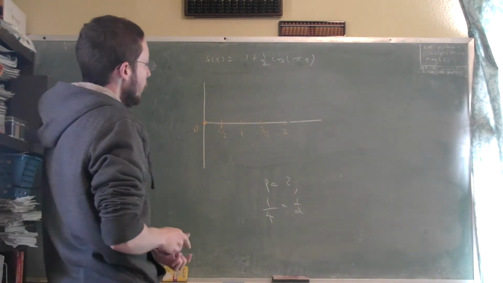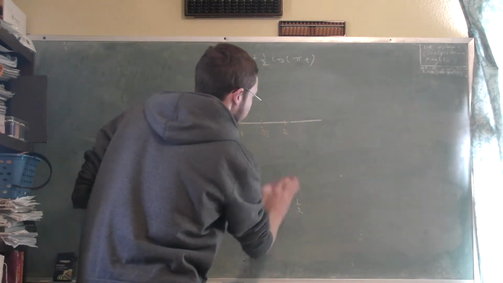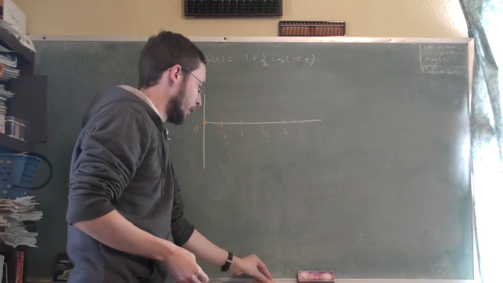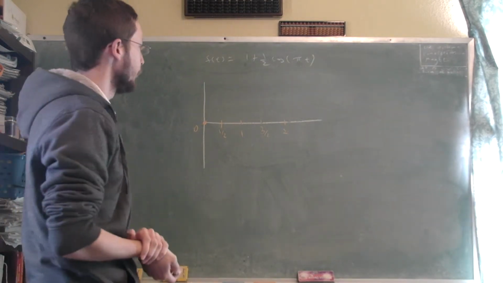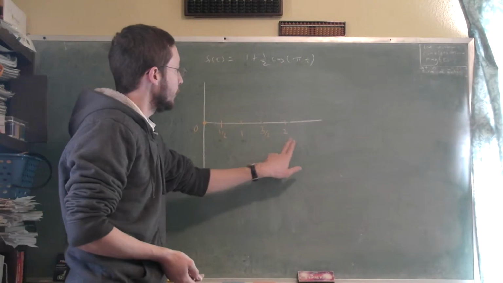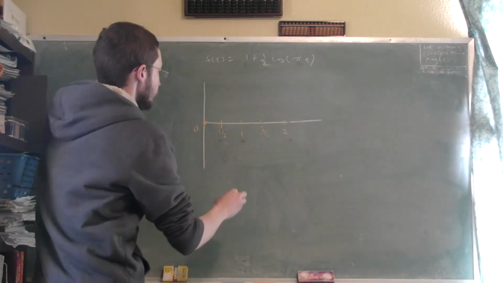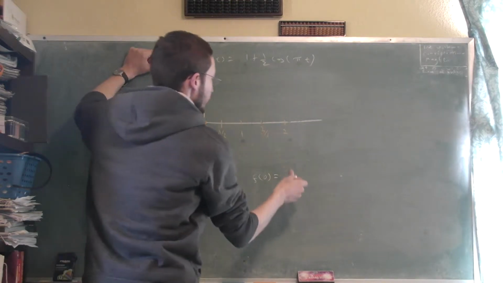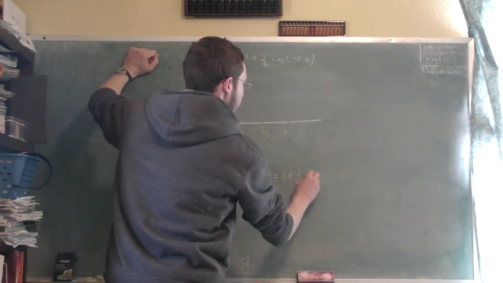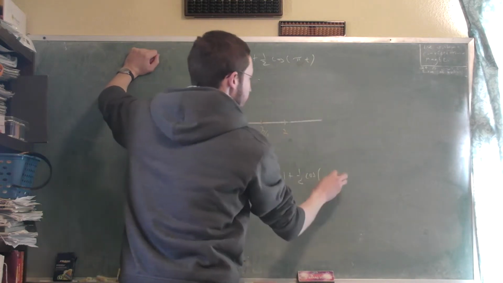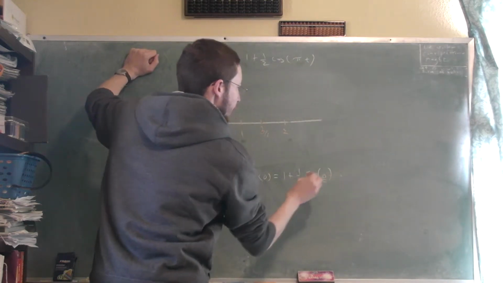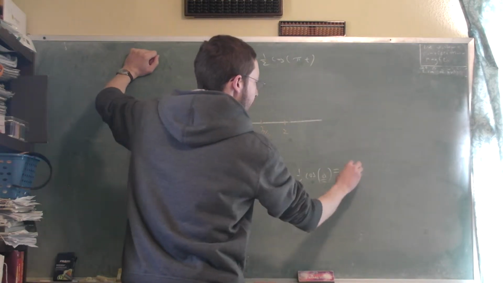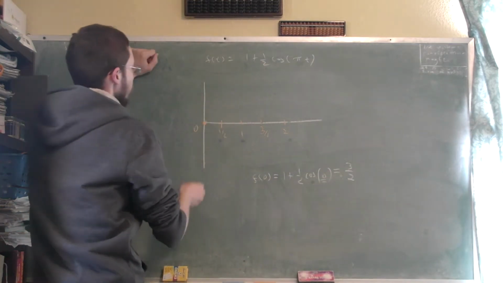And so at this point, all we do, and you're welcome to skip as much of this as you want, because these key points always reappear. It's guaranteed, mathematically guaranteed. We just plug these key points into our function. So f of 0, we get 1 plus 1/2 cosine of 0. And there's that first key point that I had mentioned. Cosine of 0 is 1, so this 1 plus 1/2 gives us 3/2, and that's our first point.